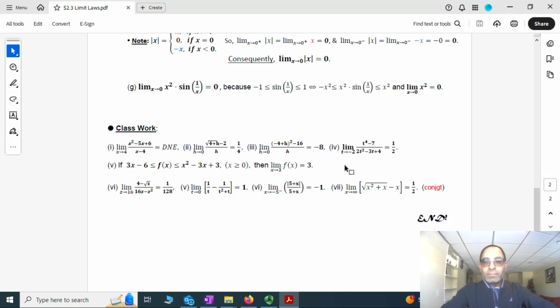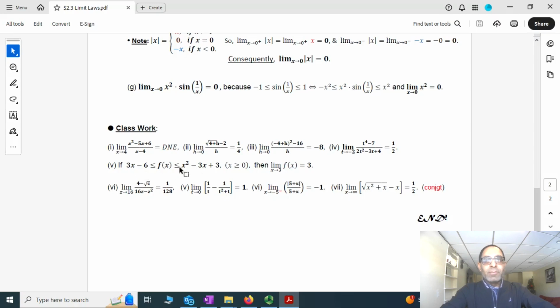And the fourth one, here you need to factor the denominator and again use some algebra. And question number 5 here, we are using the squeeze theorem again since we have this inequality.